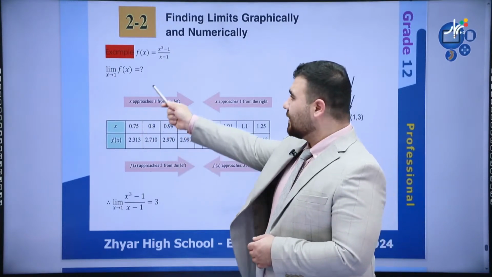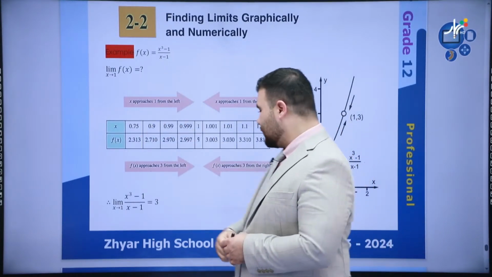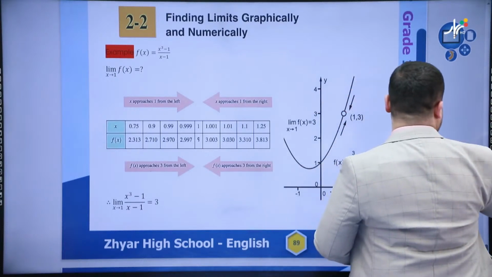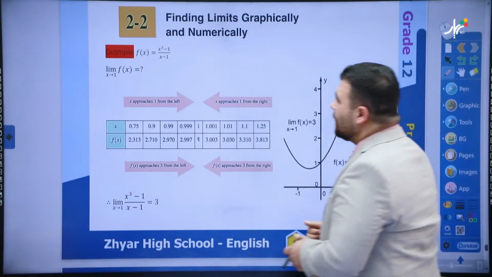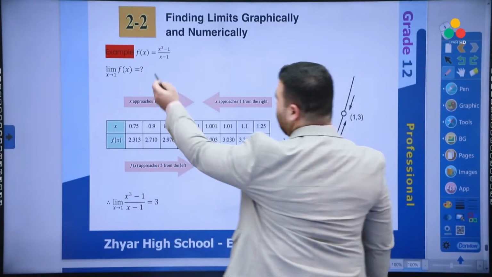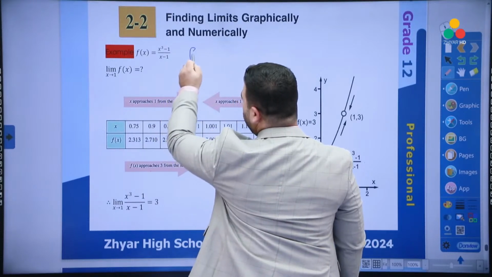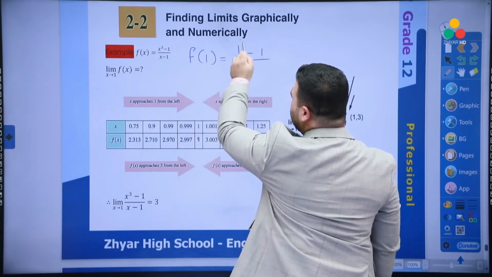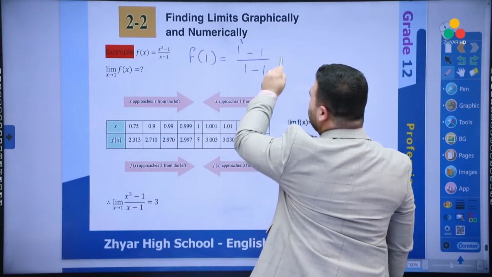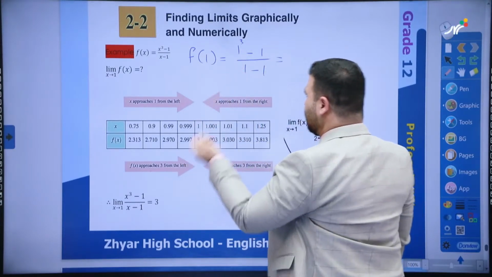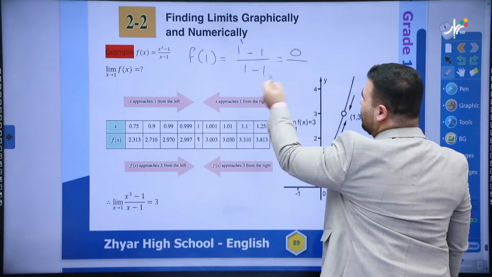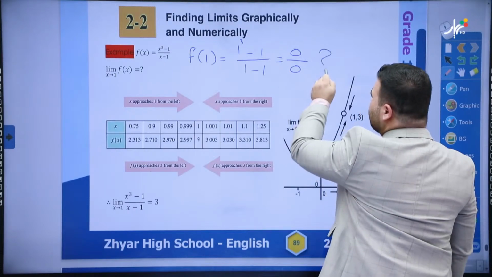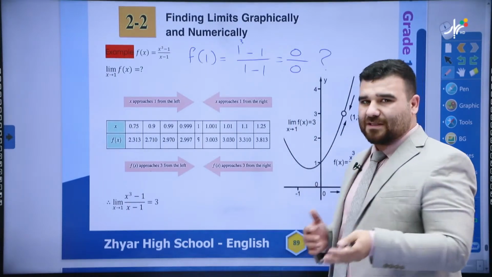If we put 1 directly in the function, it will make trouble for the function. It will be 0 over 0. So f of 1 is equal to 1 cubed minus 1 over 1 minus 1. 1 cubed is 1, minus 1 is 0, and 1 minus 1 is 0. This case is not clear. We don't know if the limit exists or not.